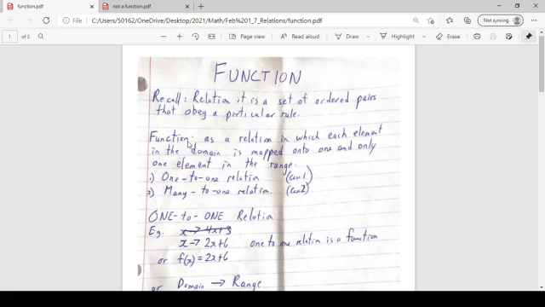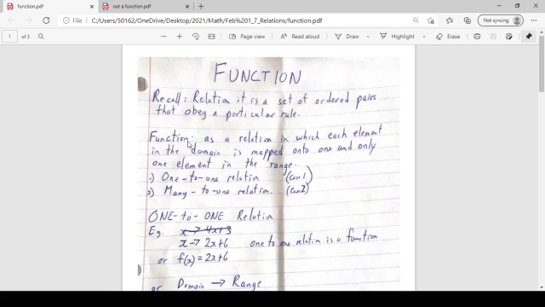What do we mean by a one-to-one relation? A one-to-one relation simply means when one element in the X is mapped onto one element in the Y. That is what we call a one-to-one relation, which is also a function. That may be expressed as the function f(x) equals 2x plus 6.